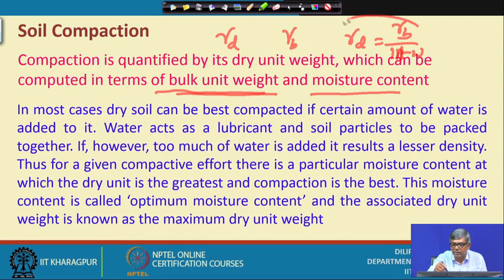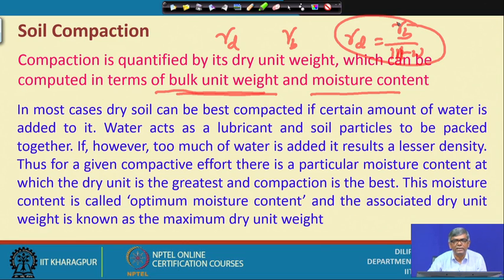By knowing them, we can find gamma d using this equation. That is how we quantify the degree of compaction. Some soil can be compacted with gamma d equal to 1.6, some with 1.7, some 1.8. Compared to gamma d 1.6, gamma d 1.8 is definitely a better compaction.